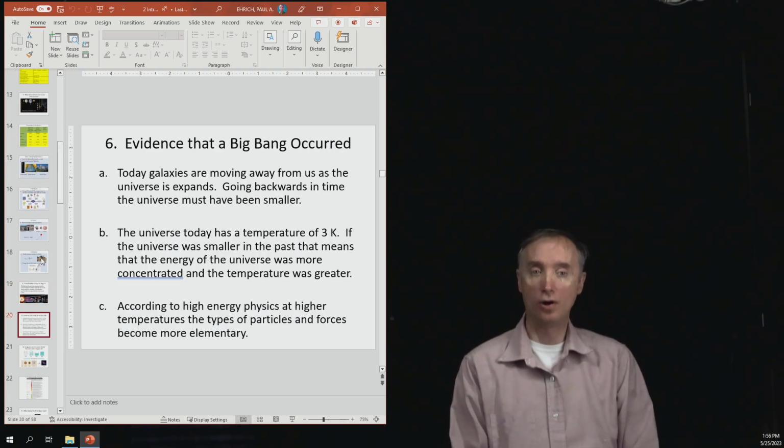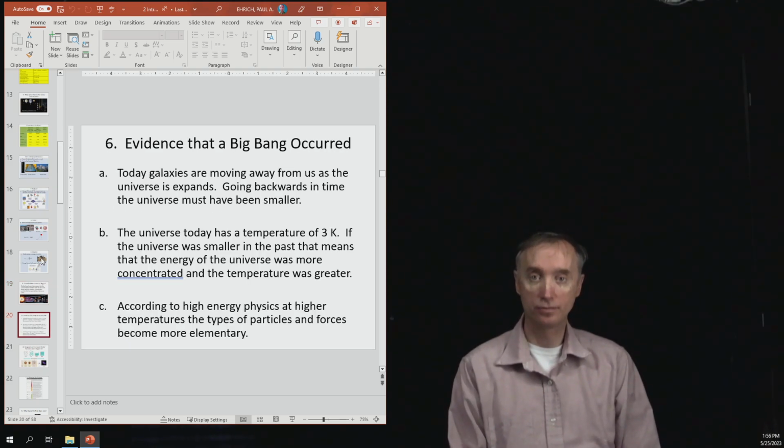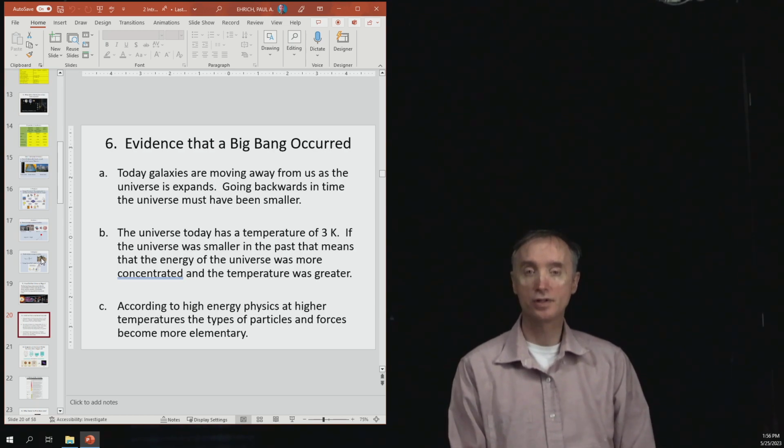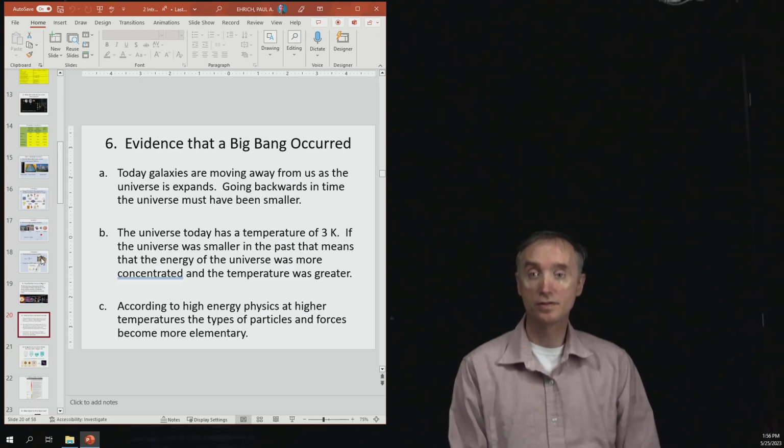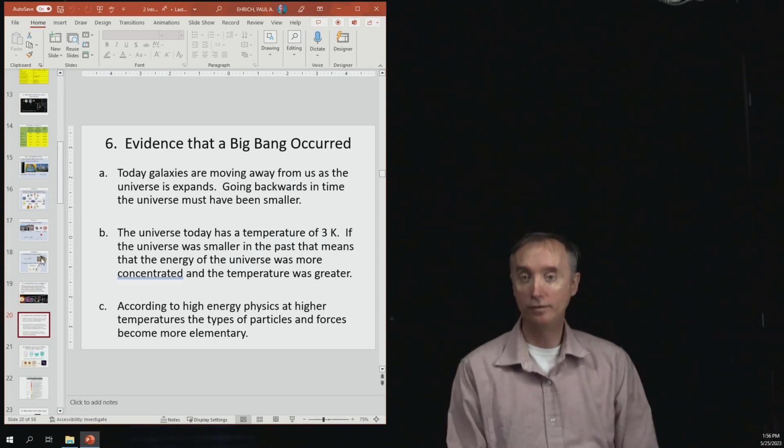So how do we know that the Big Bang occurred? When we look at galaxy clusters through our telescopes, we notice that the light given off by those galaxies is red shifted. That means that the normal color of that galaxy has had its wavelength shifted towards the red end of the spectrum.